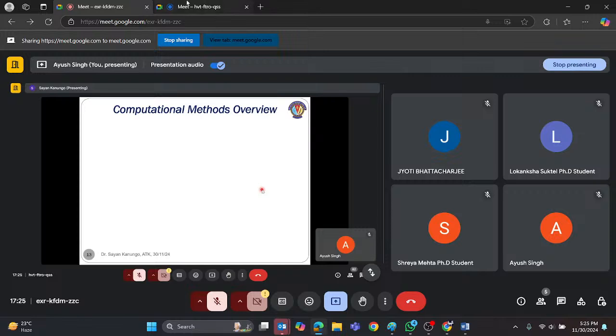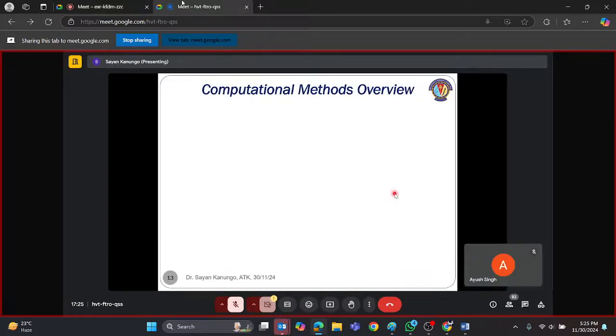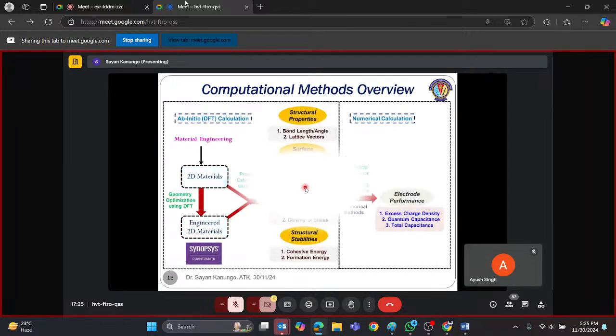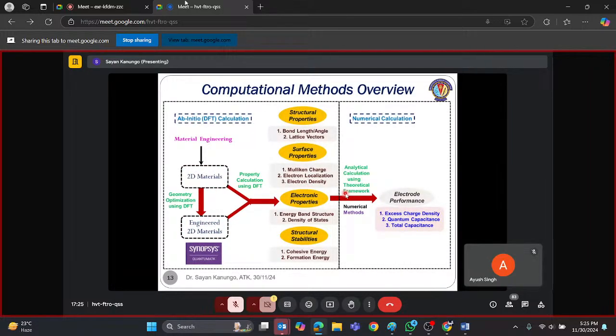Here we are going to show the generic computational methods overview, where the QuantumATK based 2D material simulation can be integrated in the theoretical design and modeling of 2D materials for ideal supercapacitor electrode design. So the first step would be to consider a potential 2D material system which satisfies most of the requirements of a superior electrode material, and thereafter identify the suitable material engineering strategy which will lead to an engineered 2D material.